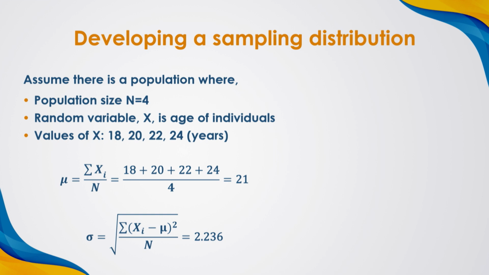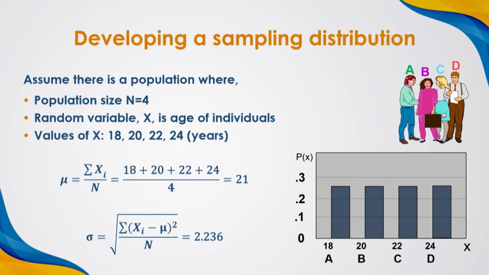We can also find the population standard deviation sigma, which is the square root of summation xi minus mu whole squared divided by capital N, and it is 2.236. From this image we can see the ages of 4 individuals: A for 18 years, B for 20 years, C for 22 years and D for 24 years.